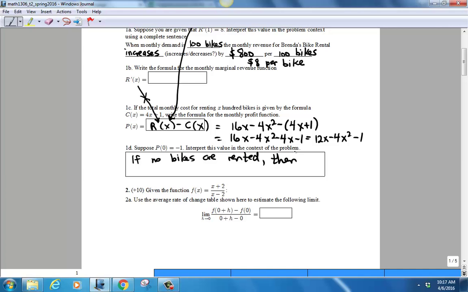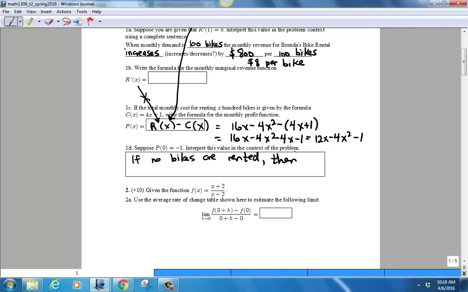So what is that output telling us? What's the profit? What now? That's right. They lost $100, right? Or the profit is negative. Okay, right, okay. So if no bikes are rented, obviously you're not going to make any money, right? In fact, you're going to lose money, right? Okay.